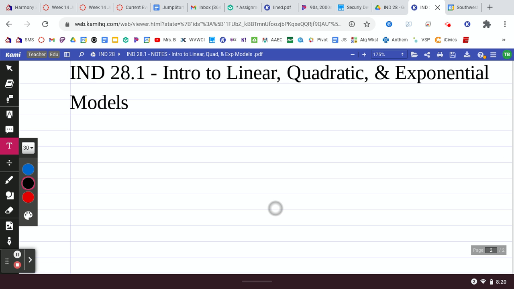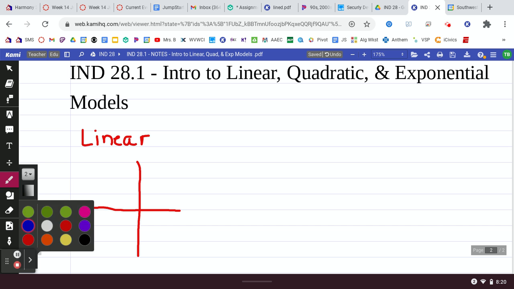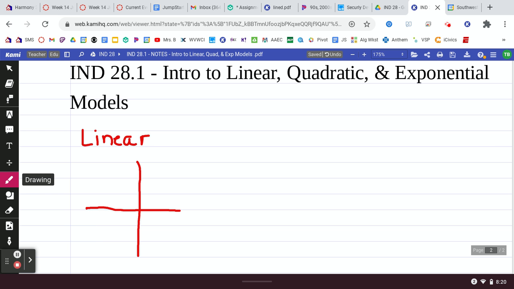So first we're going to compare linear. Okay, so first we're going to look at linear, very basic. This is just a review. You guys know this. Linear is basically a straight line. So if you have a linear graph, it's going to look something like that.